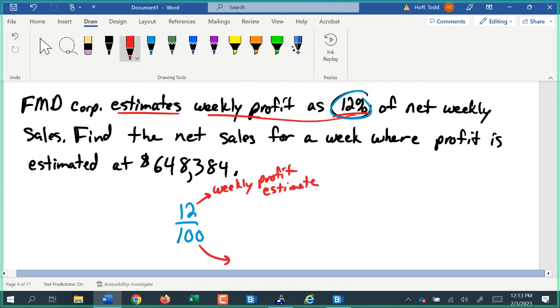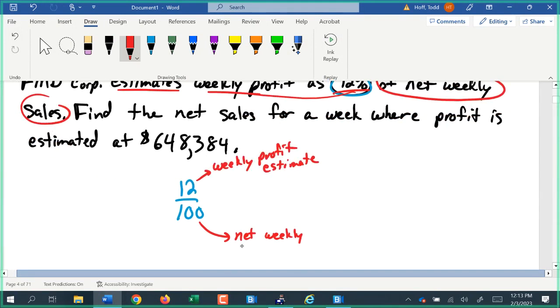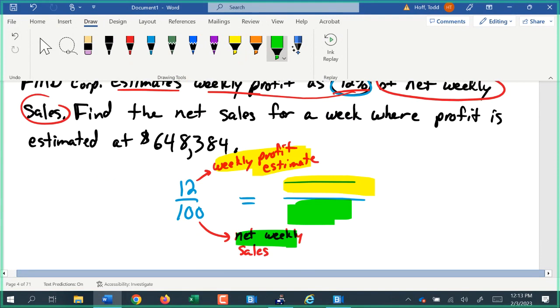The 100%, the base amount here, is the net weekly sales. So now when we set up the rest of this proportion, whatever goes on top has to also represent the weekly profit. Whatever goes on bottom has to also represent the net weekly sales.